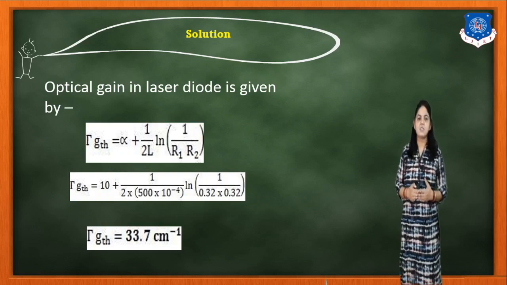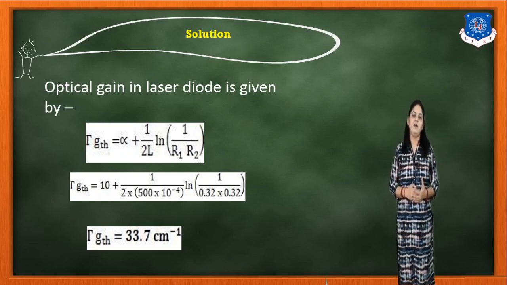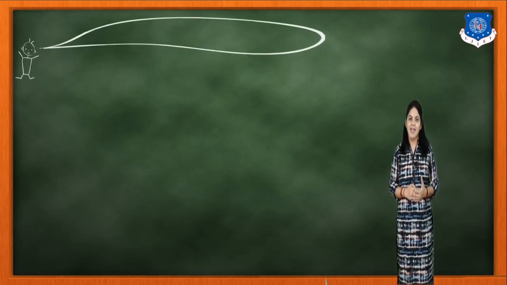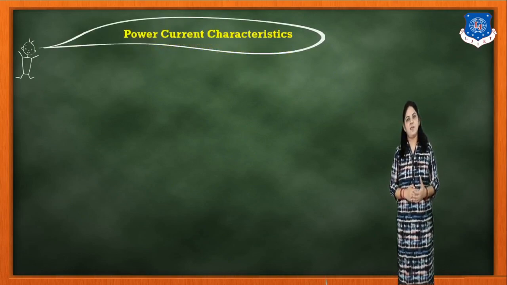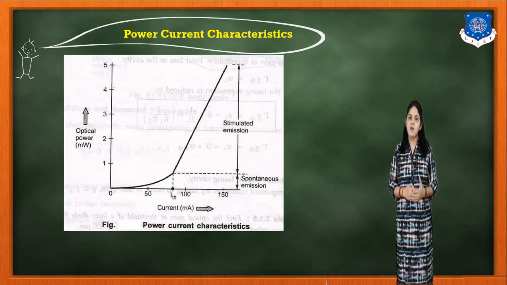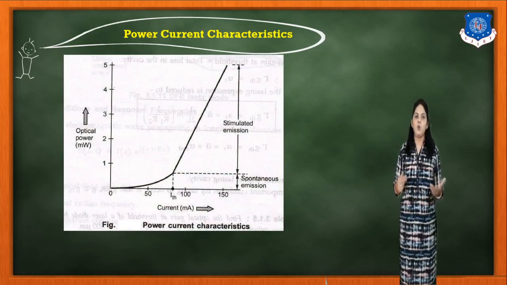So our answer is 33.7 cm^-1, or per centimeter. So this is the example related to it.